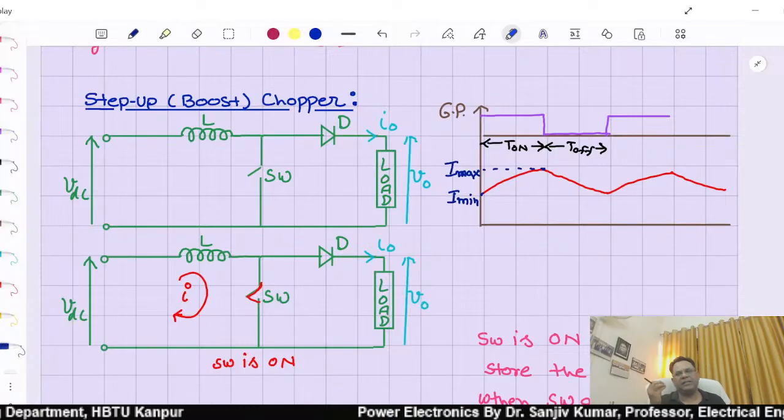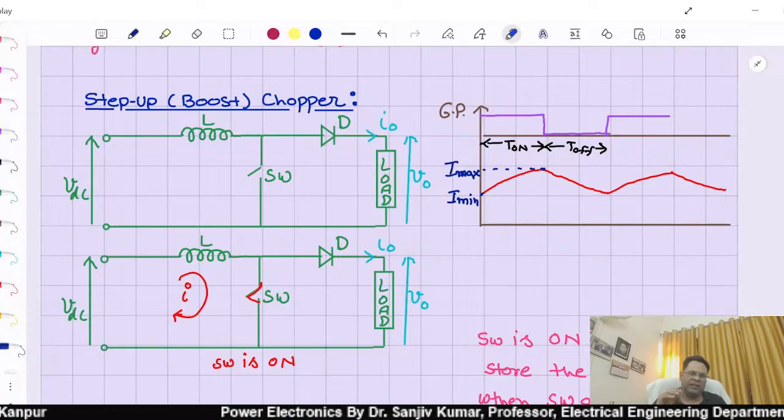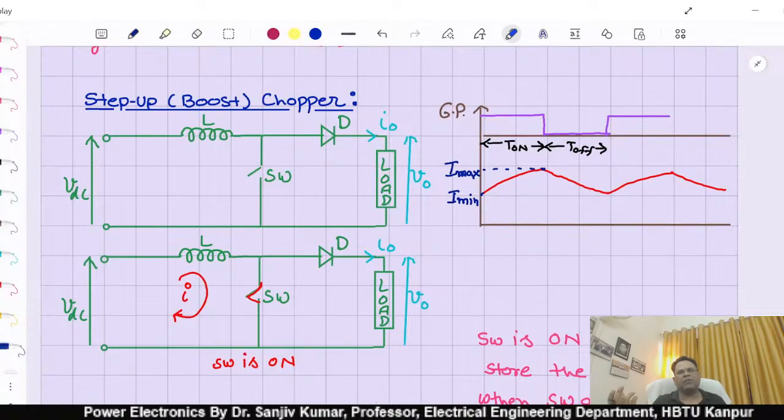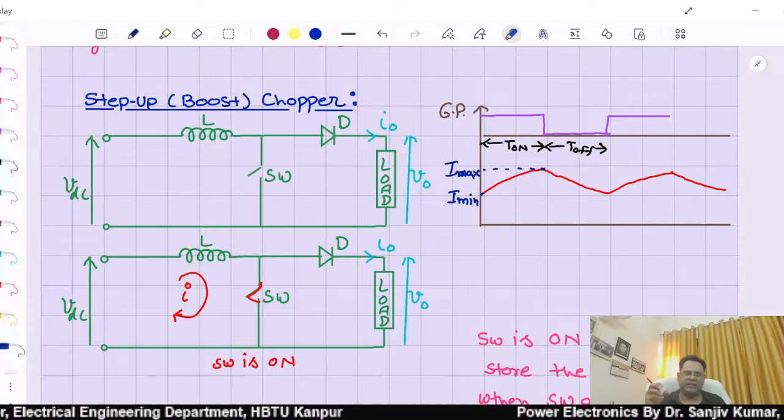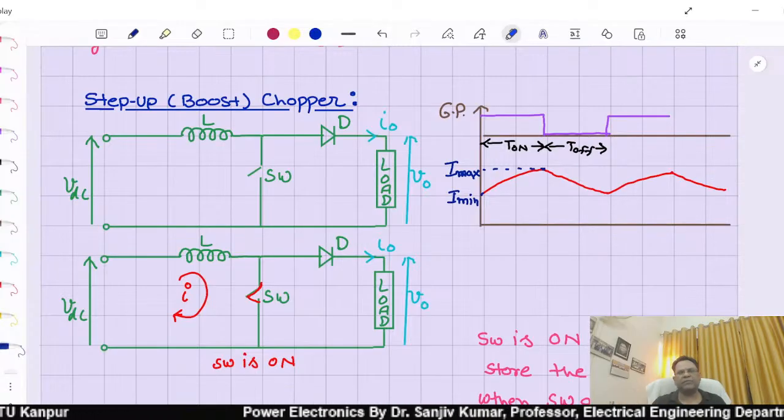That means energy stored by the inductor is supplied to the load when the switch is open, right? The inductor stores the energy when the switch is on, and the inductor supplies the energy when the switch is off.